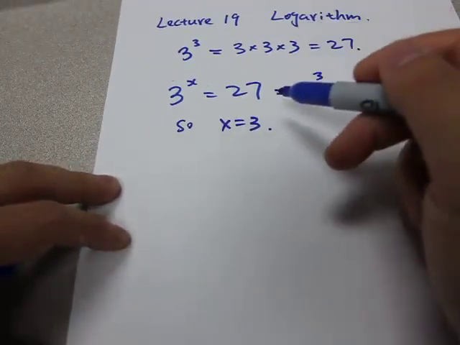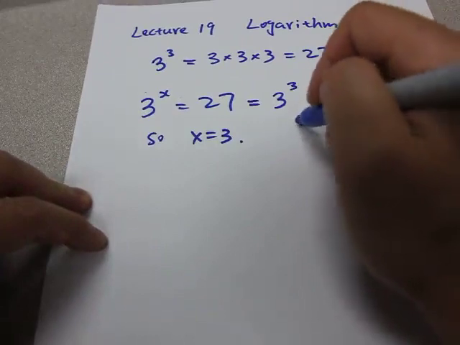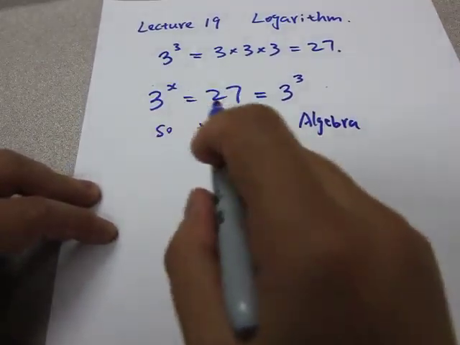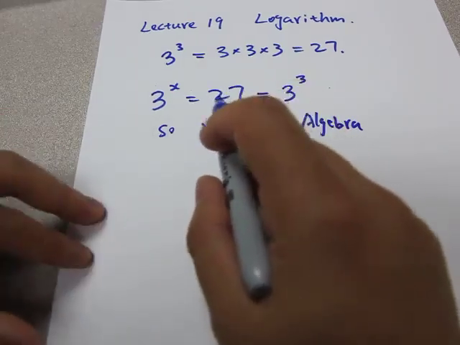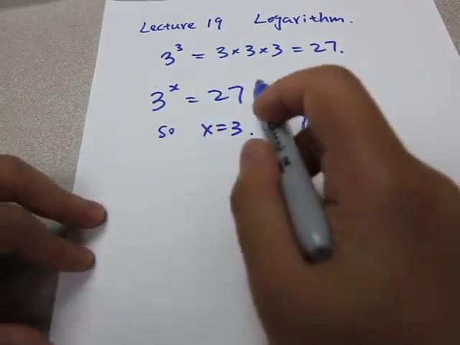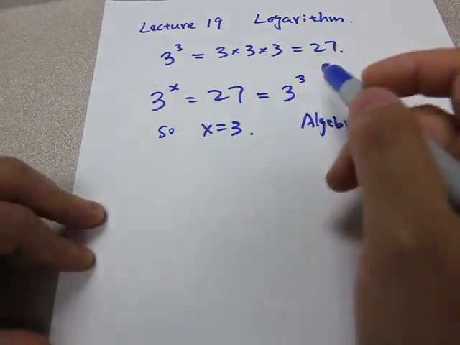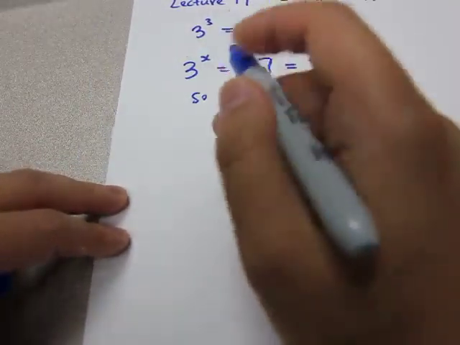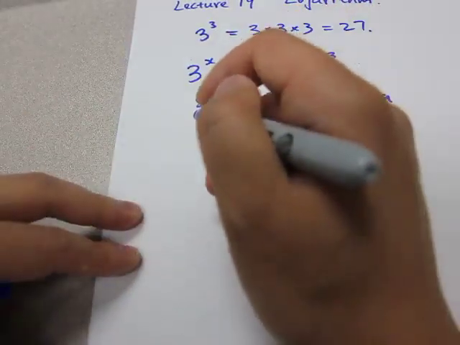And when we do it this way, we have to use algebra. We need to think about how I can write 27 as something whose base is 3, right? Now this example is very easy, but sometimes it could be difficult.